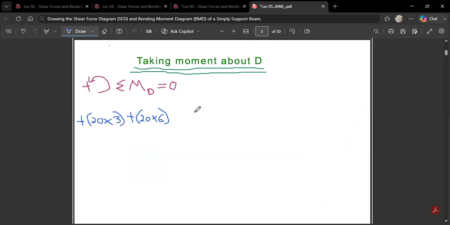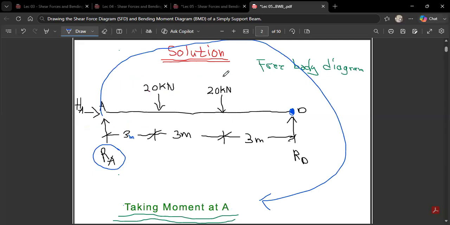So I'm going to write negative RA times 9. RA first because that is the force. Okay, times 9. And then it is left with one more to consider. The other one you are supposed to consider is the horizontal force.